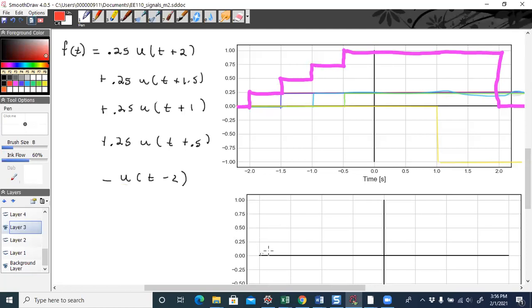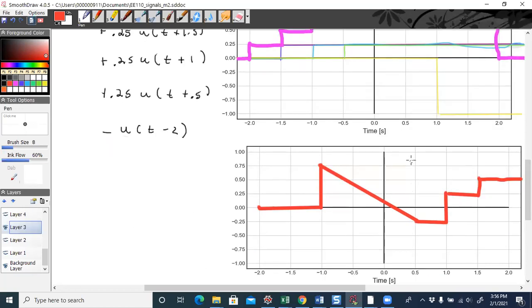But what an exam question would look like is, here's a function that I plotted. You tell me what it is, right?